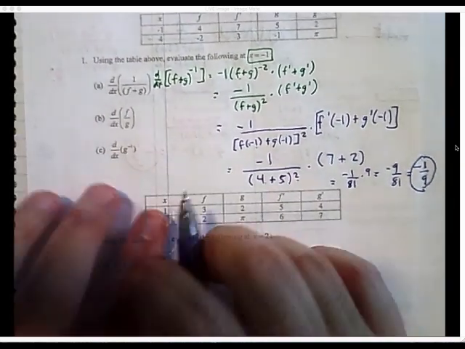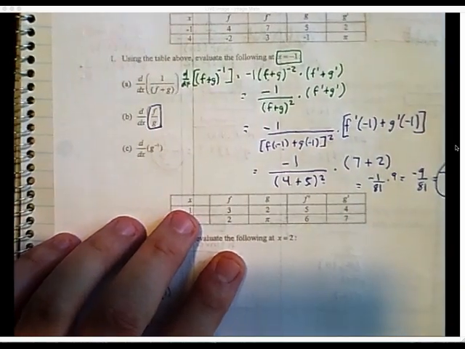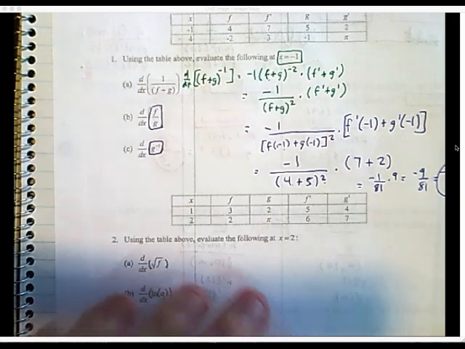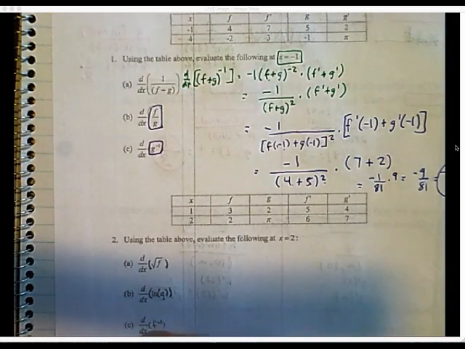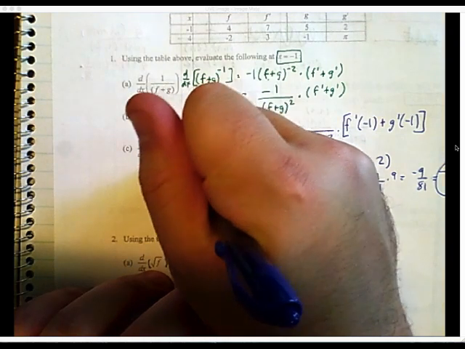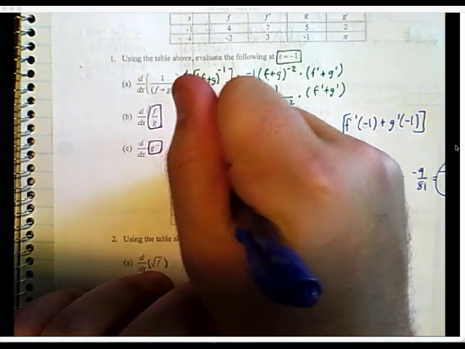Look at this expression, that's a quotient. So what you would have to do is use the quotient rule. Here is an inverse. So what they want to know is what the inverse derivative is at negative 1.